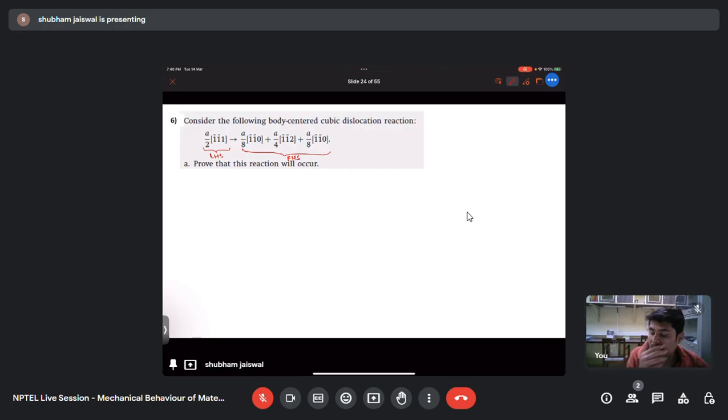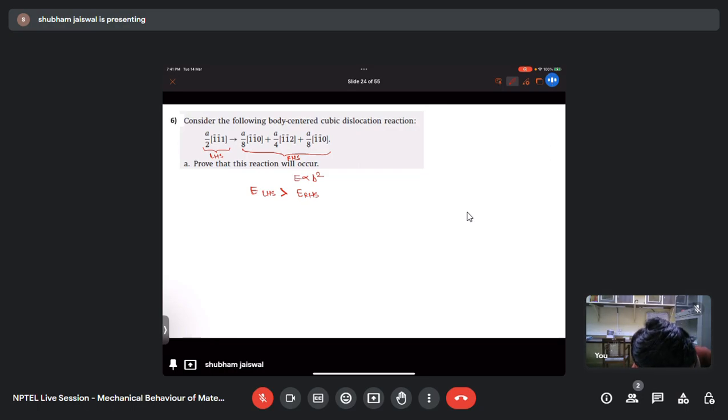Now try to answer. So as we know, energy is directly proportional to B square. So this reaction will occur only if the energy of LHS is greater than the energy of RHS.